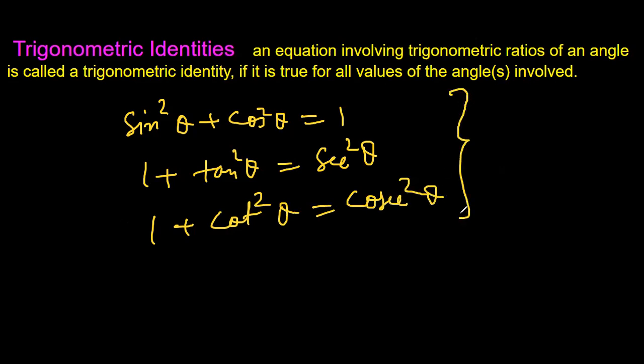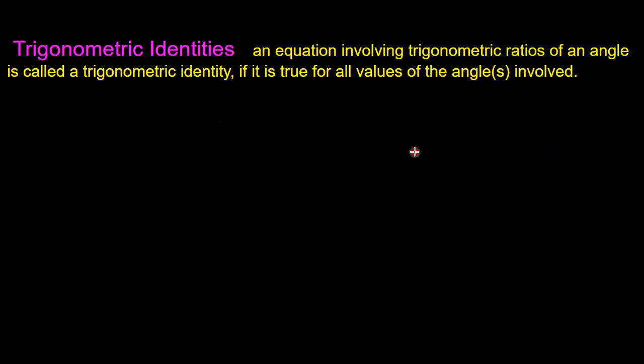Now, these trigonometric identities help us to find other trigonometric ratios when any one of these trigonometric ratios is given. Now, how can we do it without actually drawing that right angle triangle the way we used to do earlier? We can actually use these trigonometric identities and straight away find the value of other trigonometric ratios.